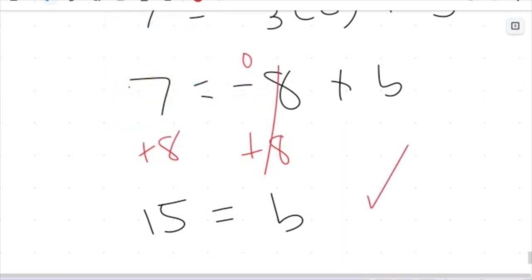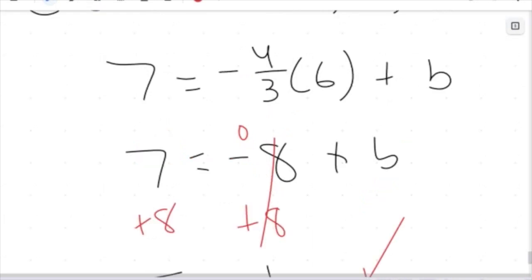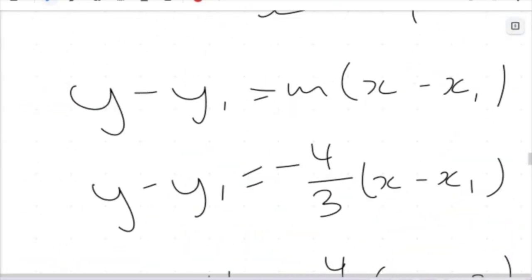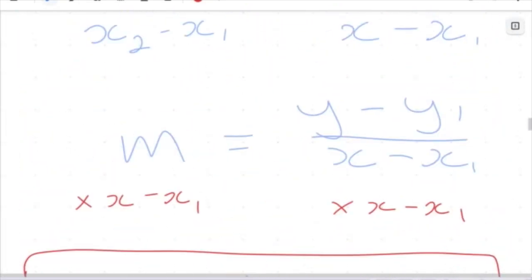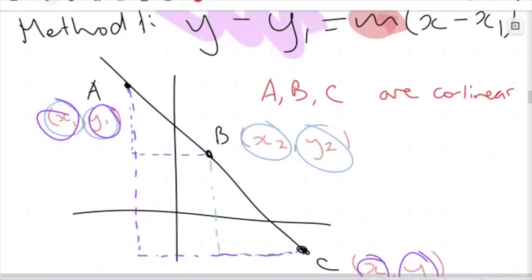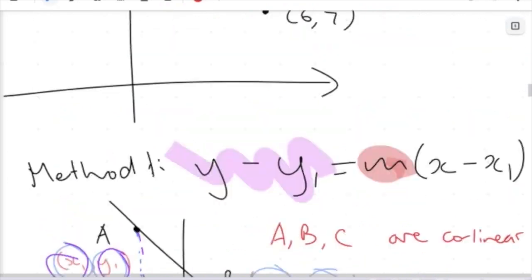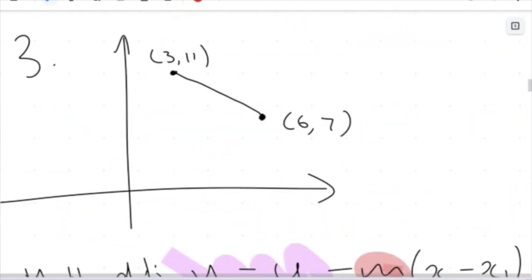Now, I know I've exposed you guys to a lot of different things, a lot of different ways of thinking about this, but the idea is always the same. The reason it always works is because these points are collinear. If we go back to the thing I drew up here, all of these points lie on the line, as I saw up here.